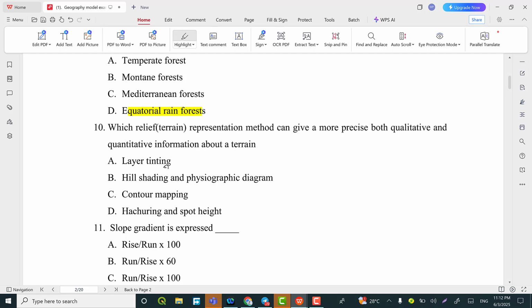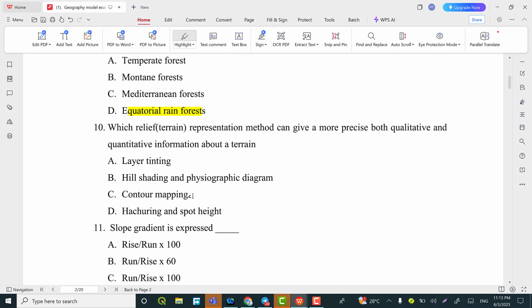Layer tinting is one of the representation of terrain, but it does not give precise qualitative and quantitative information about the terrain. Hill shading is also known as the physiographic diagram representation. It shows the ups and downs of the terrain, but it doesn't give both qualitative and quantitative information.